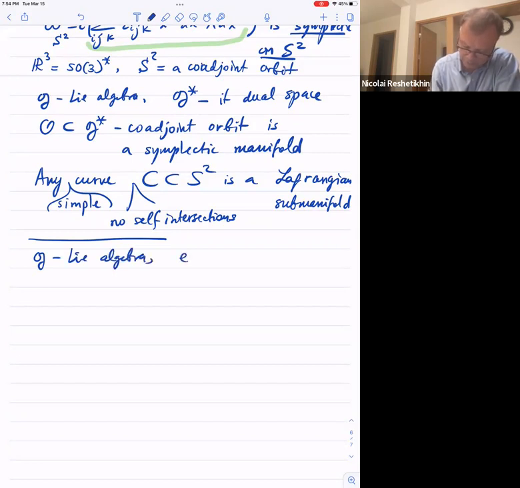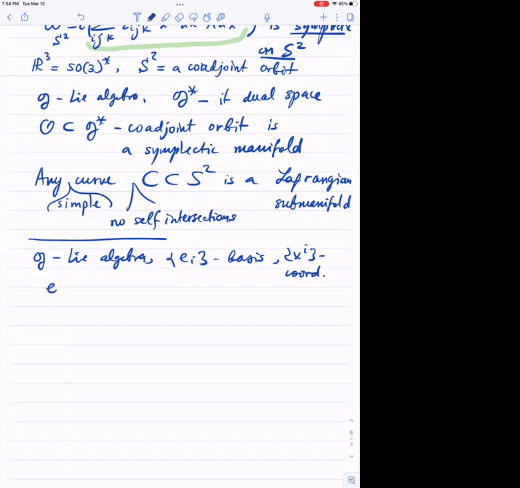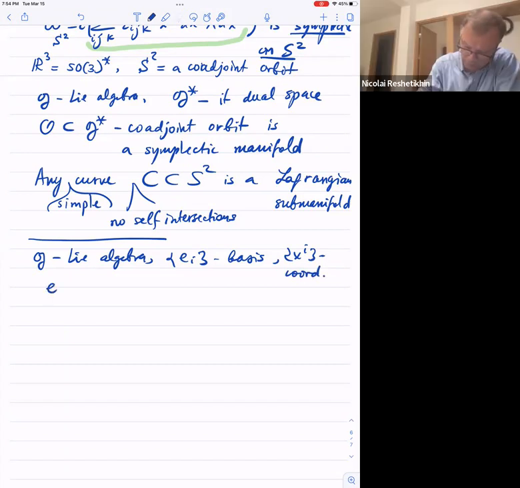Let's choose a basis. Now, I love local coordinates.